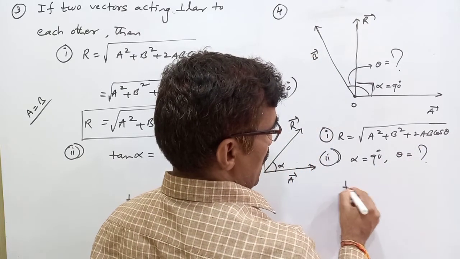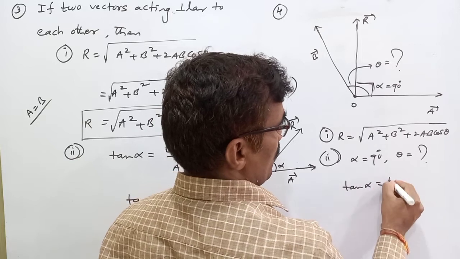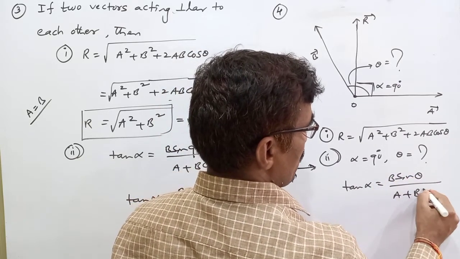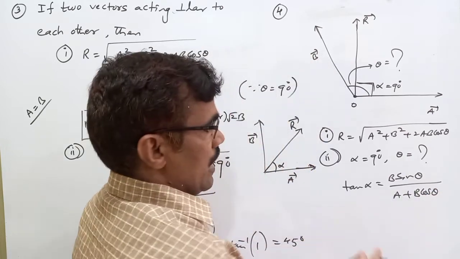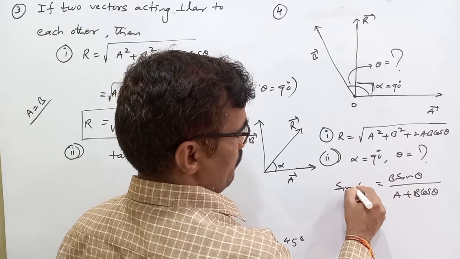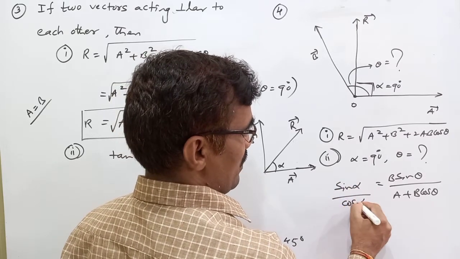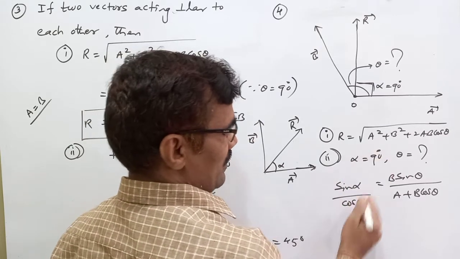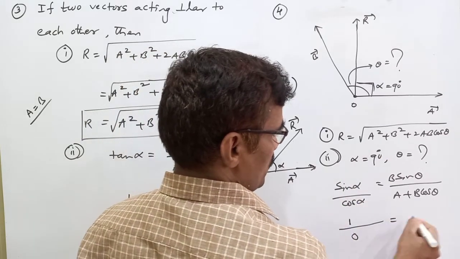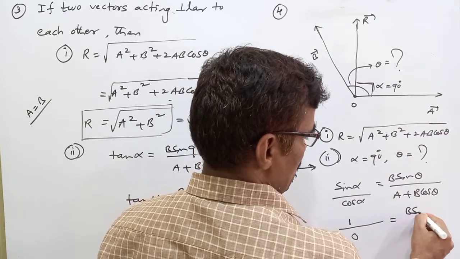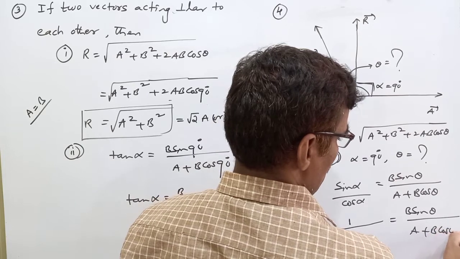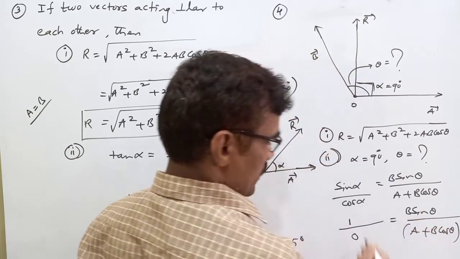We use tan alpha is equal to b sin theta by a plus b cos theta. Tan alpha is nothing but sin alpha by cos alpha. Sin 90 is 1, cos 90 is 0, which is equal to b sin theta by a plus b cos theta.